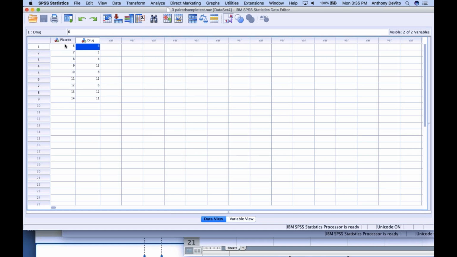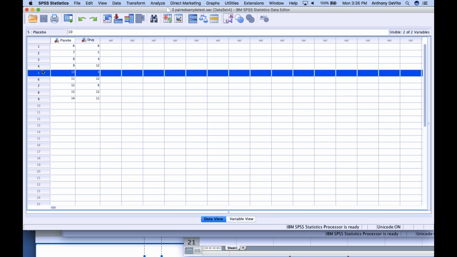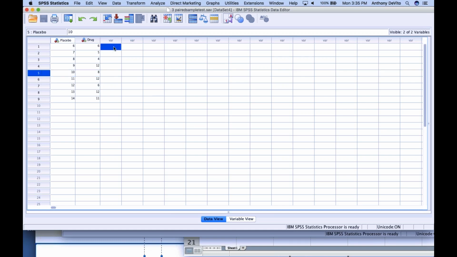So we're not really interested in what the value was for either one of these. We want to know what the difference is for that person when they took the drug and when they didn't. For this person, on the placebo the value was 10, whatever it represents. When they took the drug for 2 weeks, it was 8. Both values represent the same person, so we're really only interested in the difference for each person.